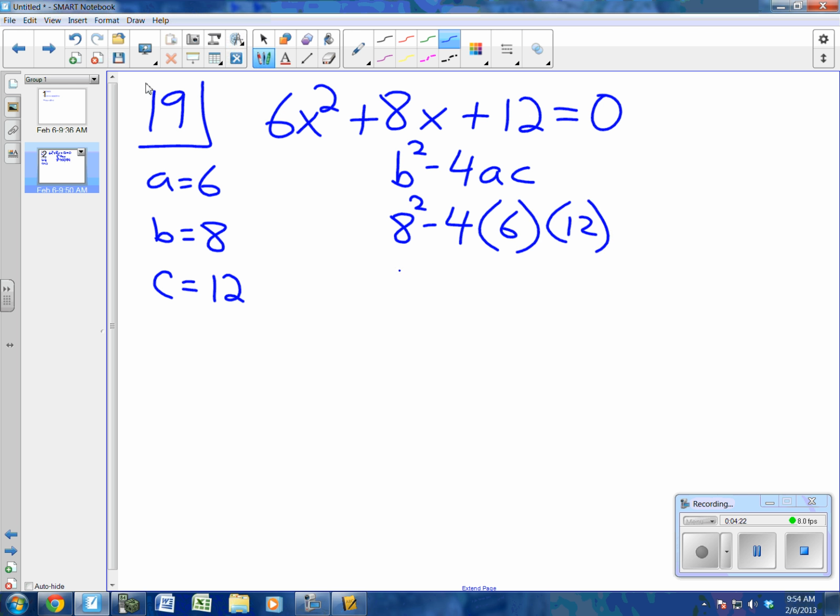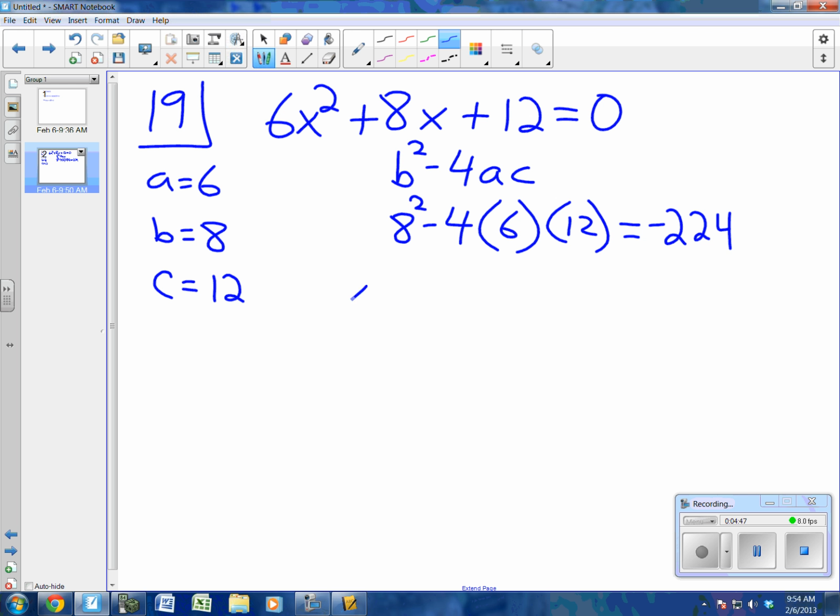So I get 64 minus 4 times 6 times 12. Actually, just put the whole thing in your calculator. What's 8 squared minus 4 times 6 times 12? Okay, Natalie said negative 224. Anybody else get that? Okay, anybody else? I would put it in your calculator just so you make sure you know it's right.